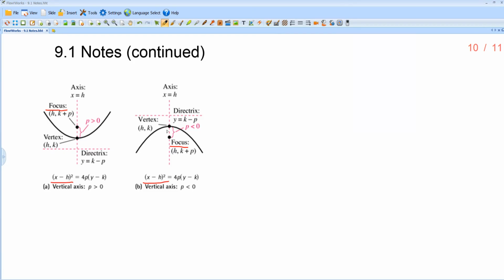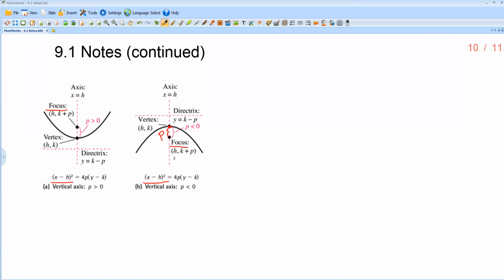If I'm starting at the vertex, the focus is going to be p units away from the vertex. So if your parabola opens up, and you know that p is 2, you must be going up 2. It can't be left, right, or down, because the focus has to be inside the parabola.